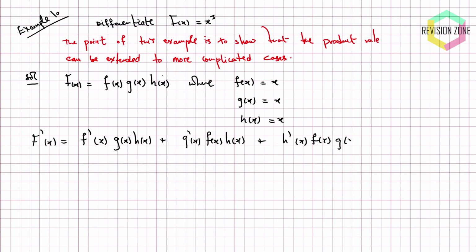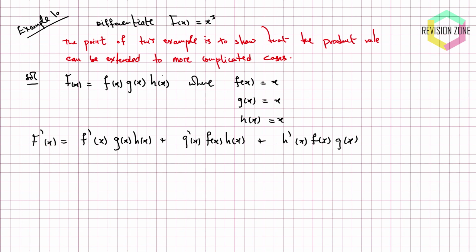So the key idea with the product rule is basically it doesn't matter how many functions you have here. What you do is you differentiate the first function and multiply by everything else, and then you differentiate the second function and you multiply by everything else, and then you differentiate the third function, and then you multiply by everything else, and then once you've got all those things, you basically just add them up. And that's what happens when you extend the product rule formula to having more and more functions.